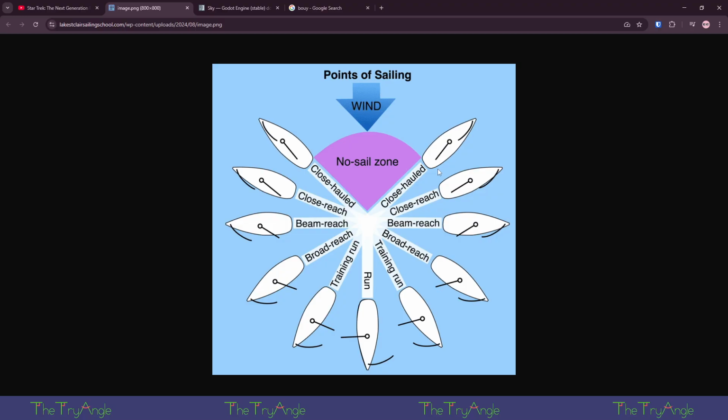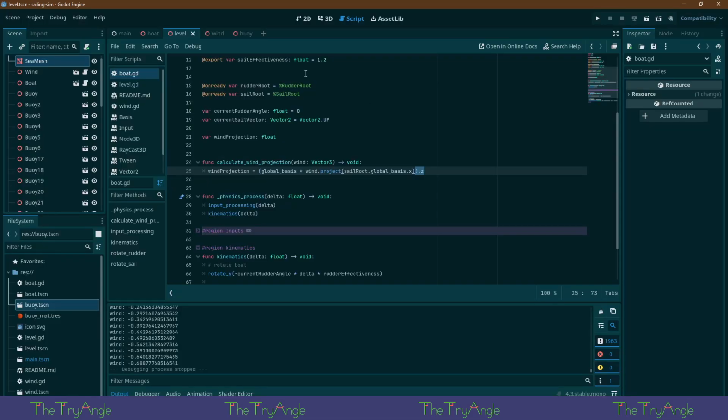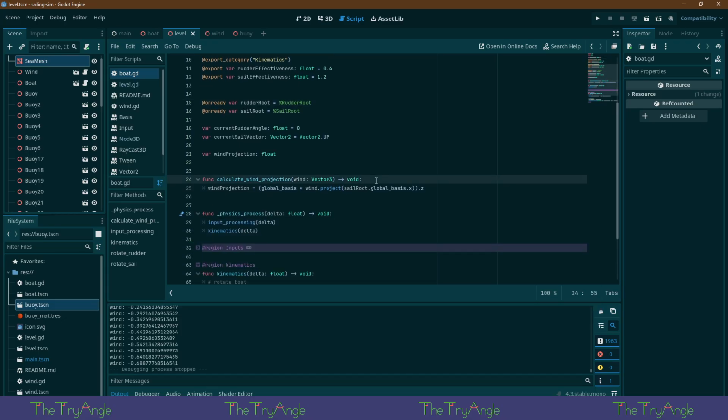Okay. Let's see here. We have something else we calculate. Wind effectiveness.